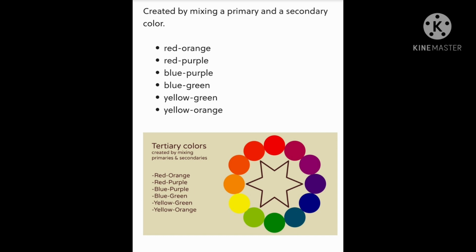We can mix red and orange, red and purple, blue and purple, blue and green, yellow and green, followed by yellow and orange. And by mixing the following, we can create a variety of shades that you can see on the screen.